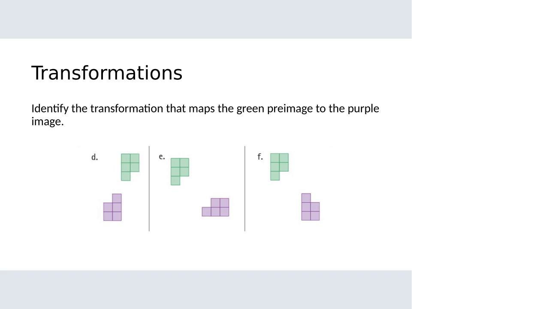You're going to use 2 transformations in F. While you're working on these, I'm going to get in my head that the green is the pre-image and the purple is the image.